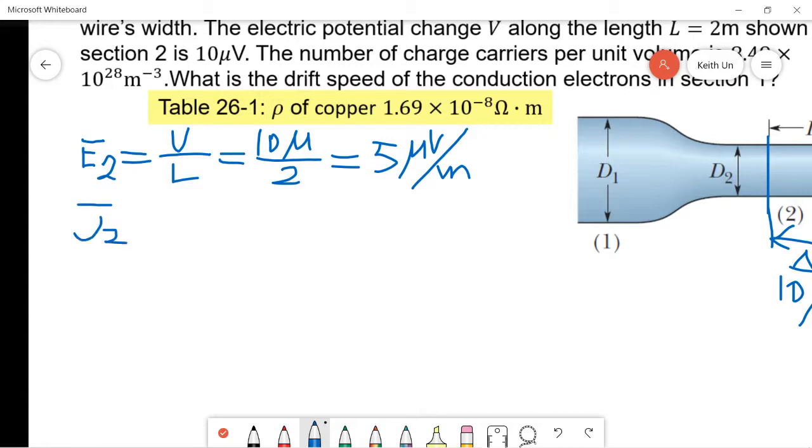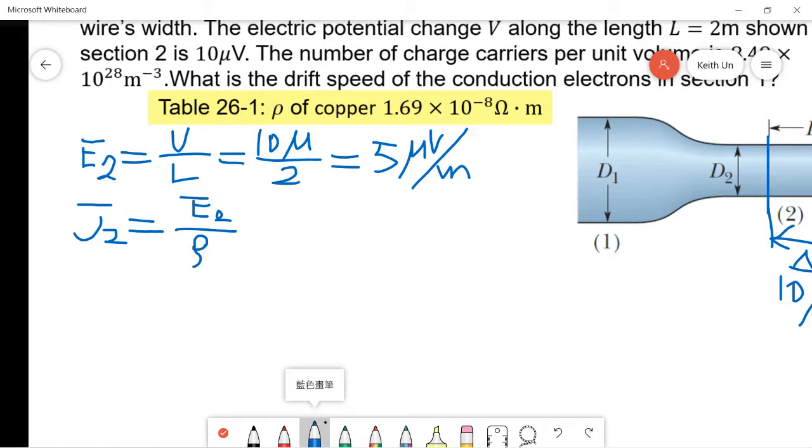So we know Ohm's law in the field form, so we have something like this. Oh, sorry, this one is not sigma. This one should be rho. Rho is the resistivity.